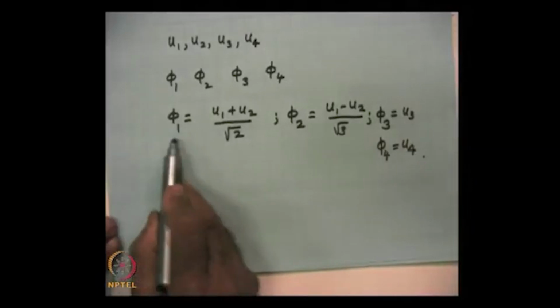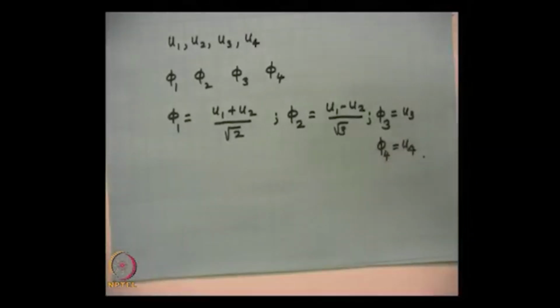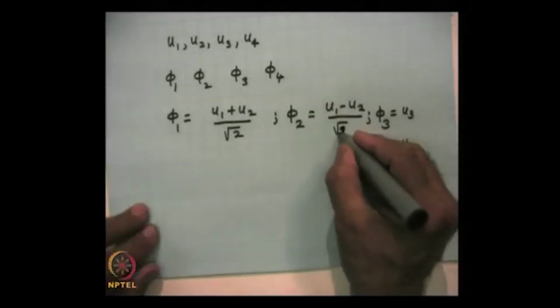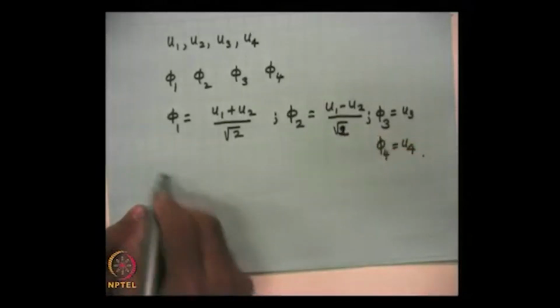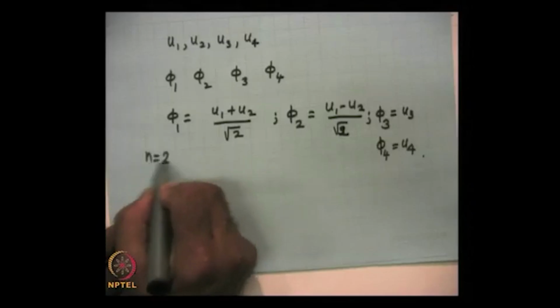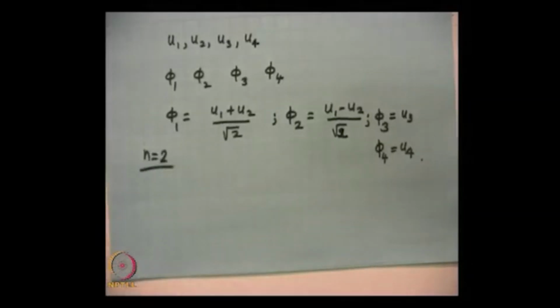These are also well behaved orthonormal eigenfunctions corresponding to the n equal to 2 state. These are the 4 linearly independent orthonormal set of functions.